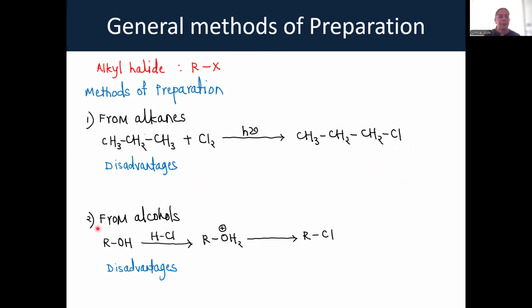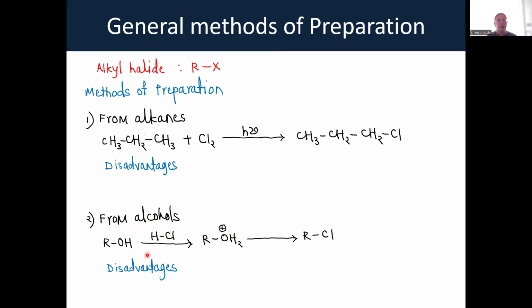Second method of preparation is from alcohols. So, when any alcohol is treated with hydrochloric acid, it accepts a proton first, gets converted to ROH2+. Now this OH is a poor leaving group. We will see it in the course of this chapter.